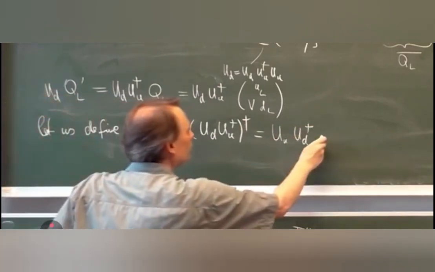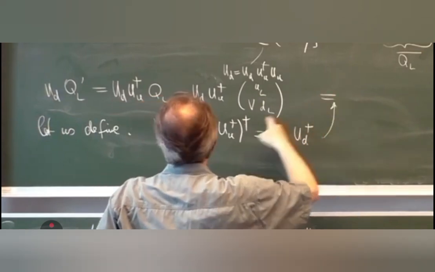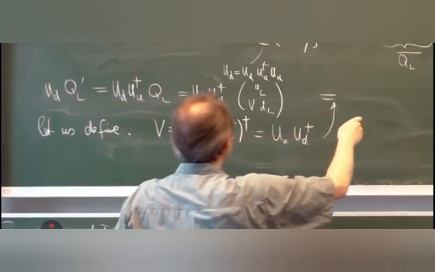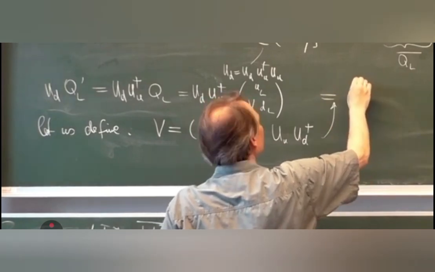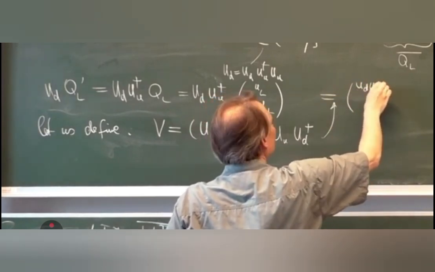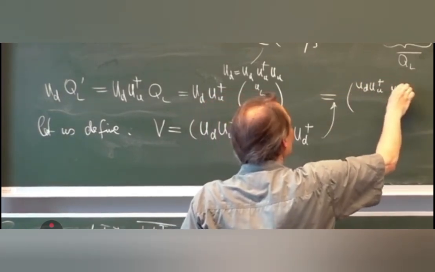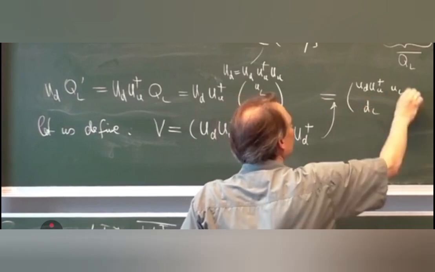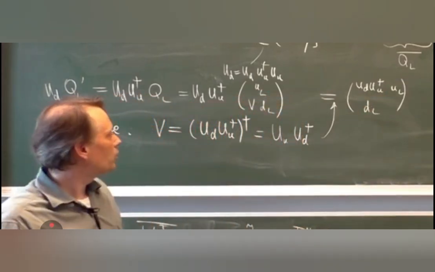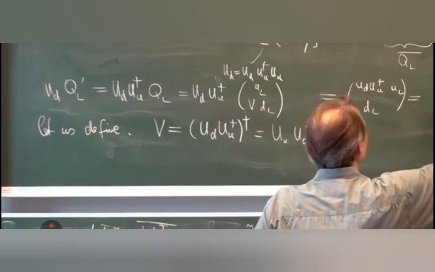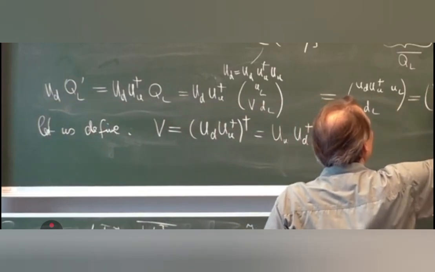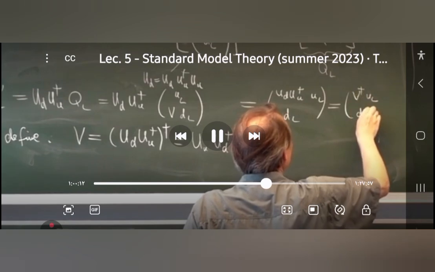Then we can go on calculating here, and then this matrix becomes nothing but in the upper component U_D times U_U dagger times u_L, and in the lower component we get d_L. And the lower upper component, this matrix here, is nothing but V dagger times u_L and d_L.